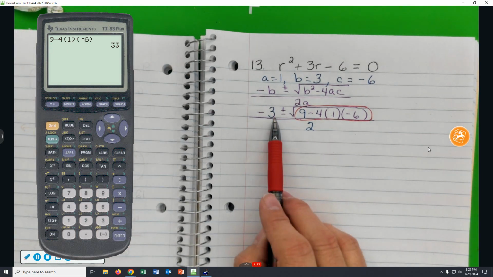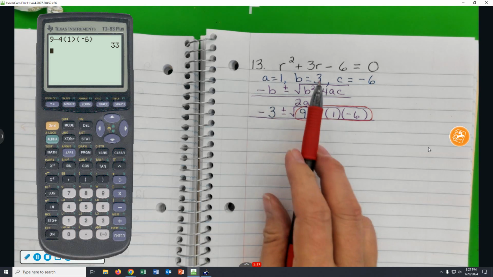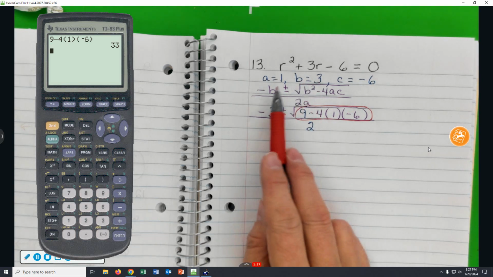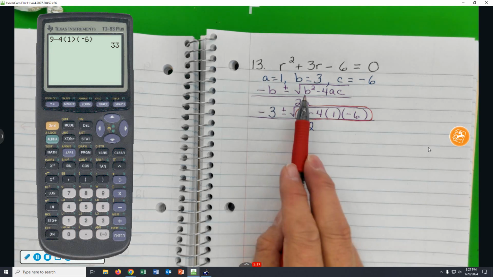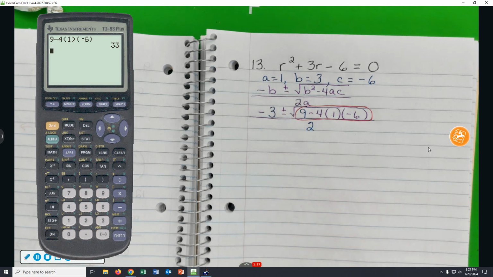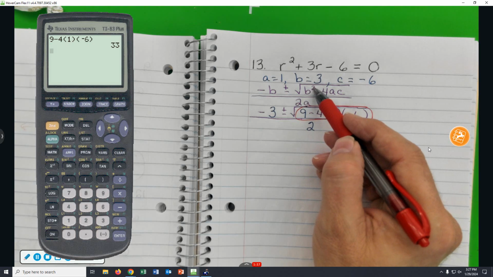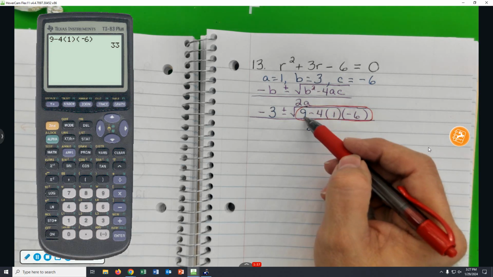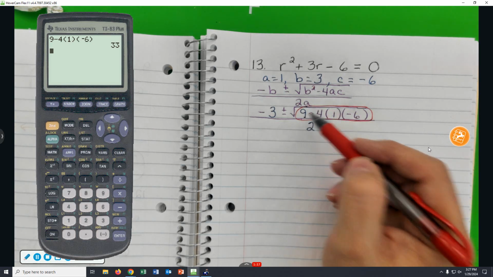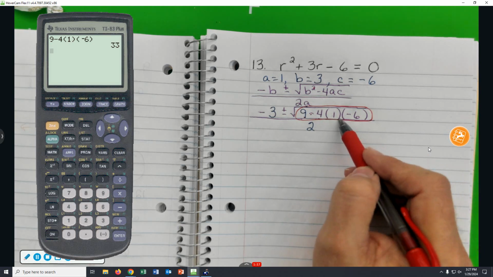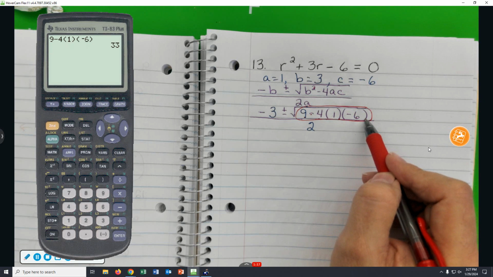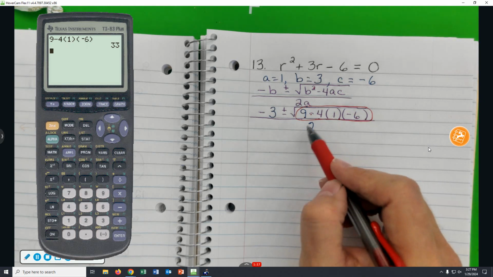The negative 3 is just, minus b is just negative 3. Plus minus the square root, 3 squared, 3 times 3 is 9, and minus 4 times a times c, all over.